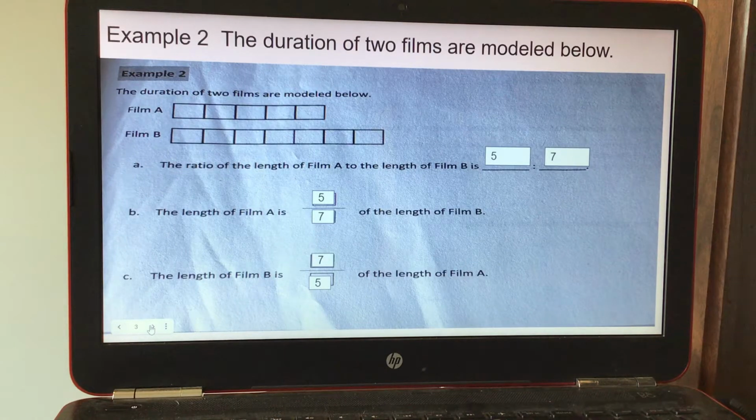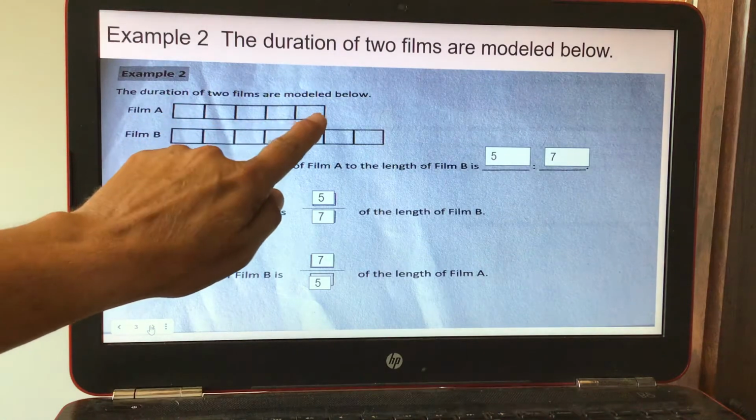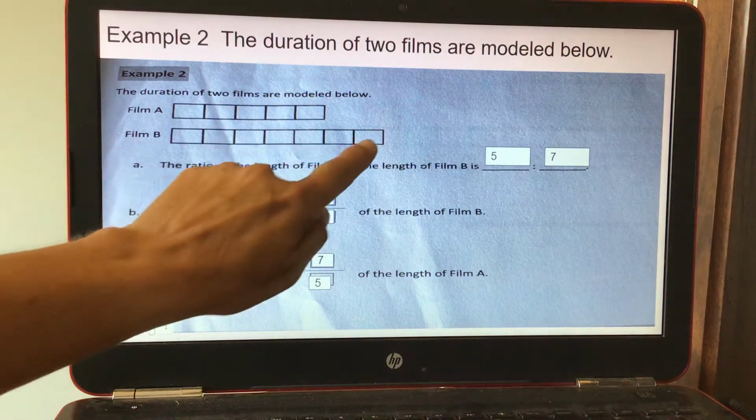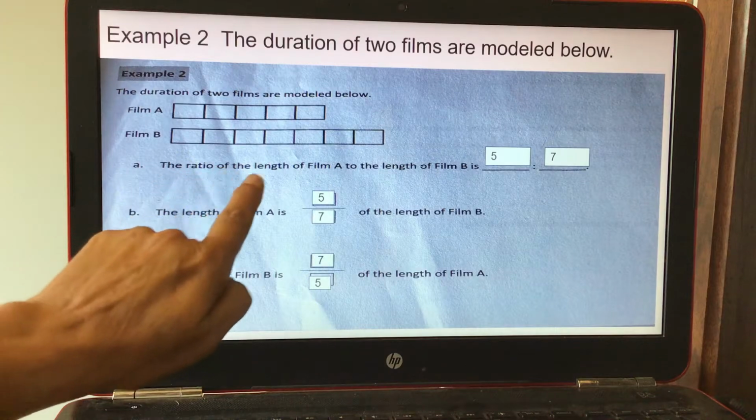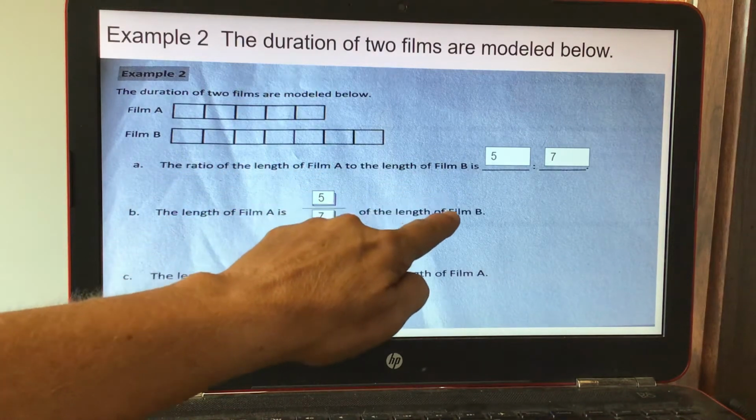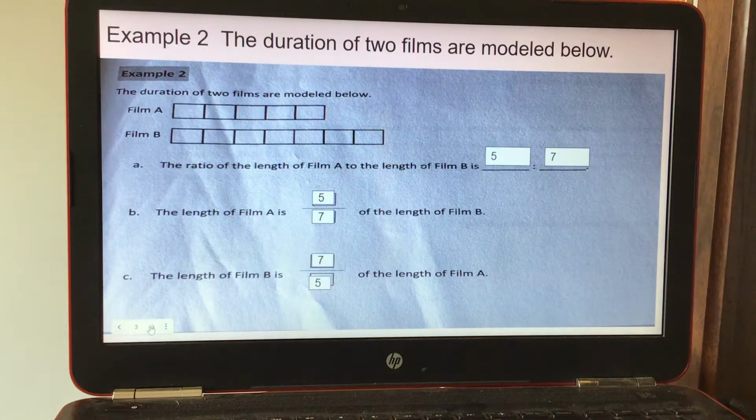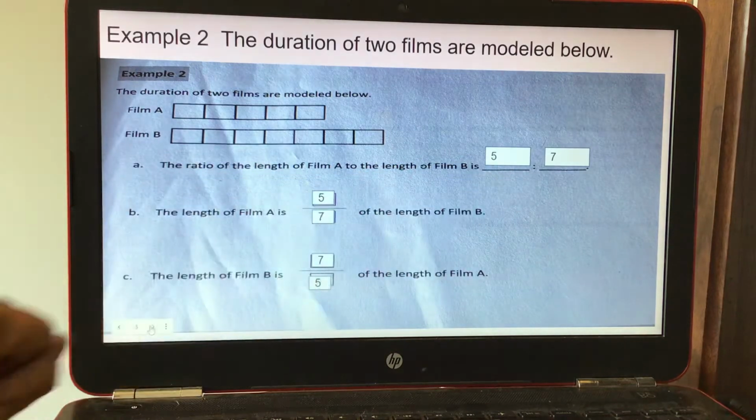Okay, example 2, the duration of 2 films are modeled below. When we did this in class, I explained that duration means time. So the time of 2 films are modeled below. Film A is 5, film B is 7. It asks you, the ratio of the length of film A to the length of film B is 5 to 7.